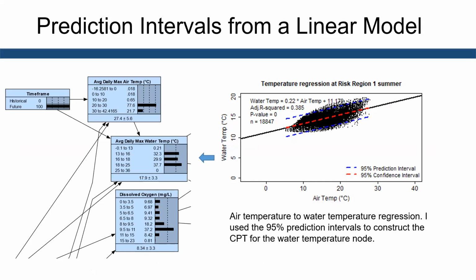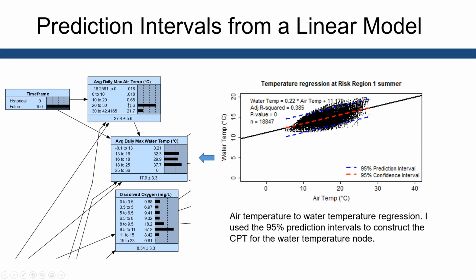And in my research, I was looking at future climate projections as well as historical climate data. And so for the future climate projections, those are in air temperature. So I needed to relate that to water temperature in order to use it in the model.